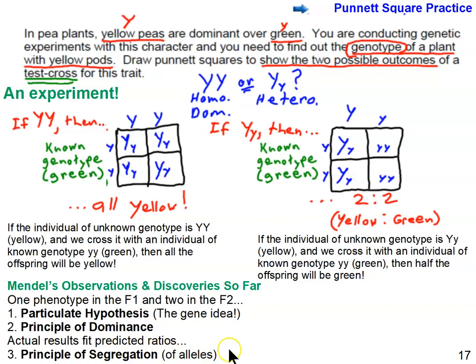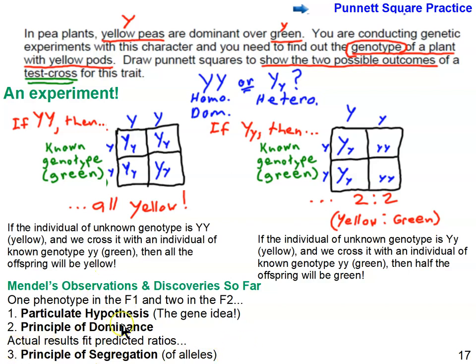So he hypothesized that the alleles segregate in the production of gametes, and that's what we're seeing here. Each gamete only gets one allele. So the alleles segregate in the production of gametes from the parent, and that's true. They do. And how that happens is through the process of meiosis, not mitosis, but meiosis.